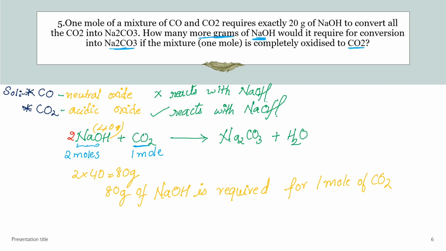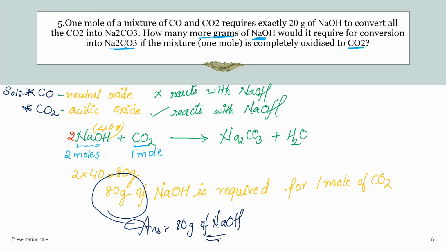So here comes the answer. We need 80 grams of NaOH so that CO2 is completely converted into Na2CO3. So the required answer is 80 grams of NaOH. So this is the answer for this question. Thank you.